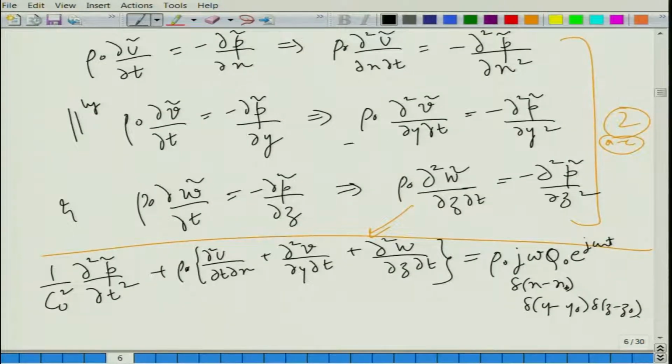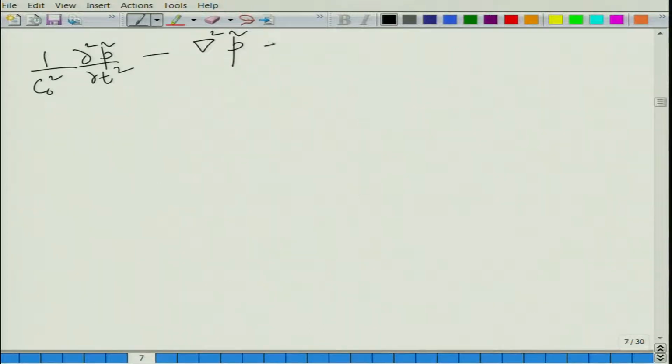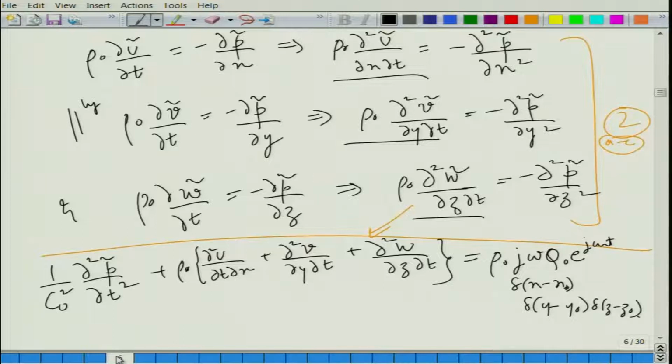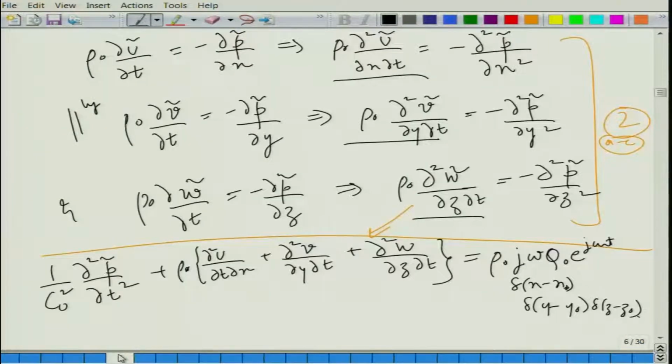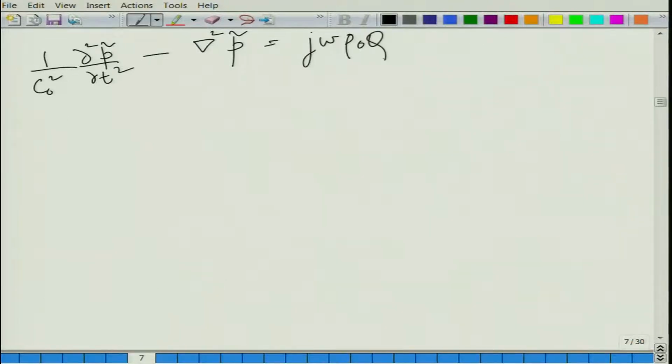Instead of each of these terms, this one, this one, this one, we take rho naught of course inside, and you will just get minus Laplacian times whatever you are getting, and this is equal to j omega rho naught q naught. Okay, we will get this.